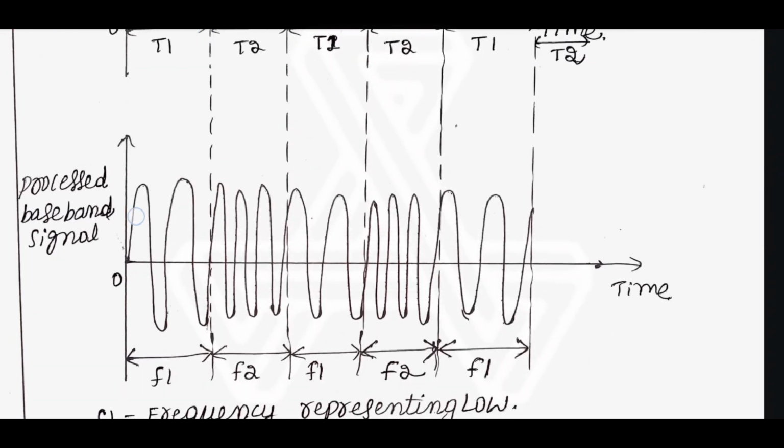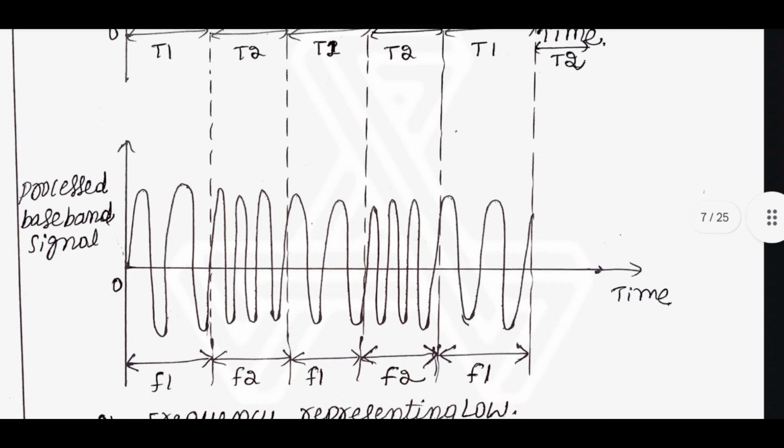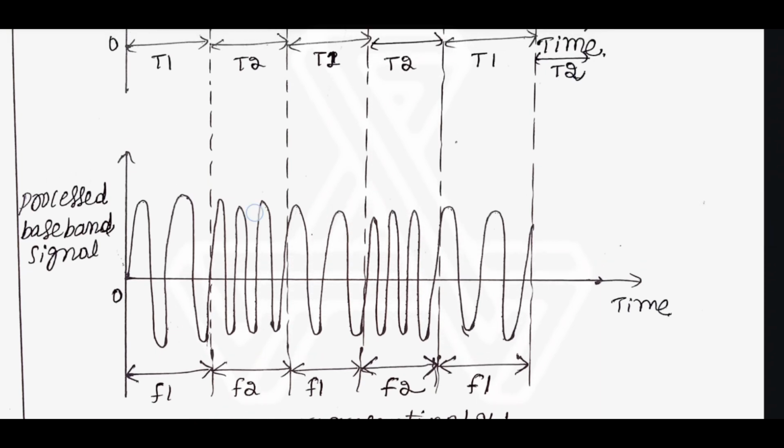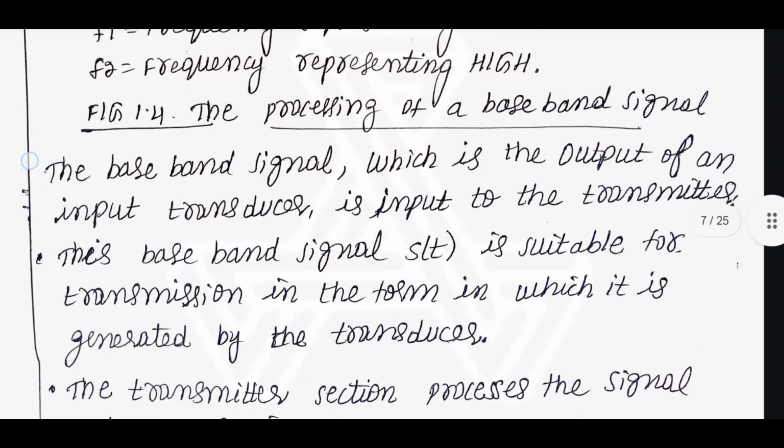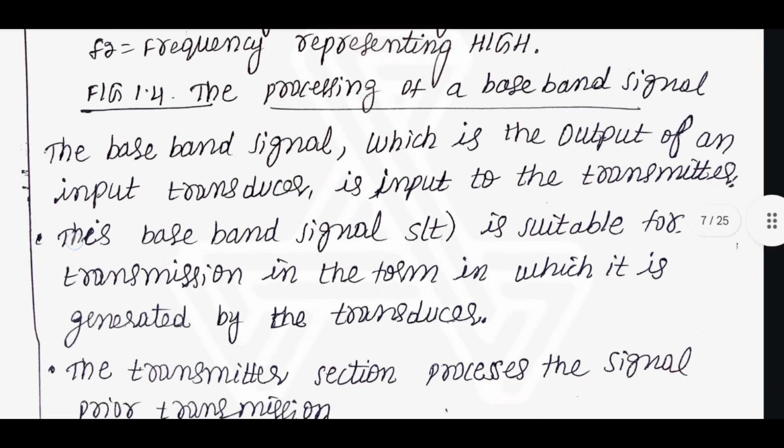Processed baseband signal: same thing, F1, F2, time. Frequency representing low, frequency representing high. The processing of the baseband signal.